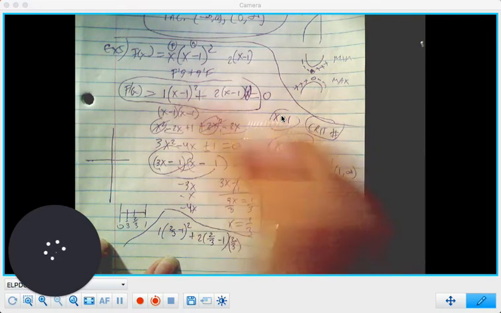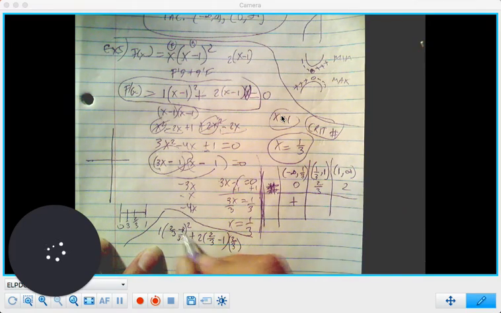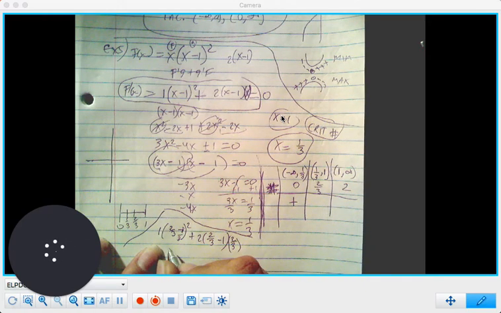So 2 minus 3 is negative 1, so negative 1/3.